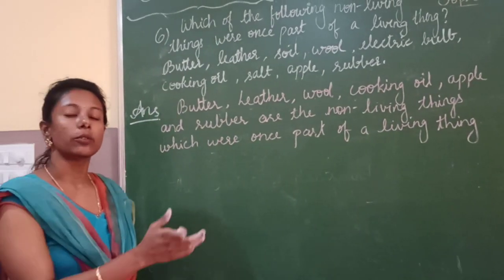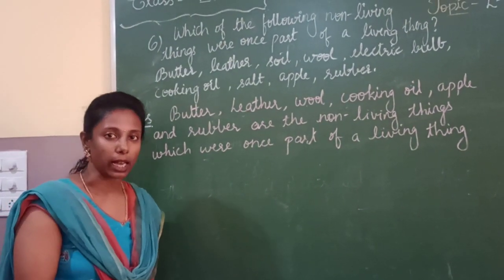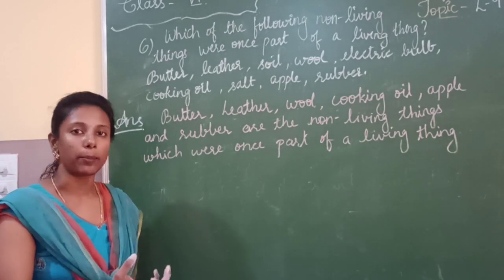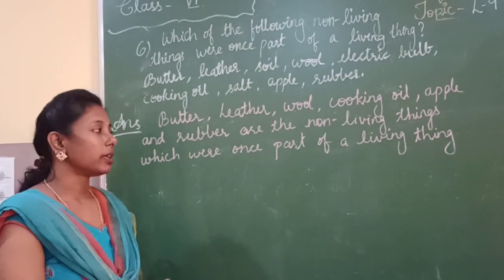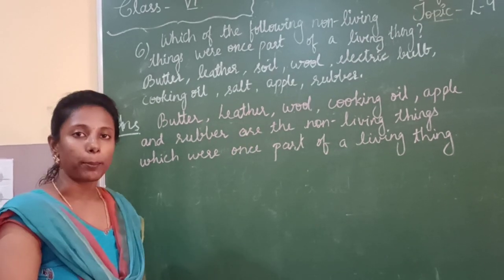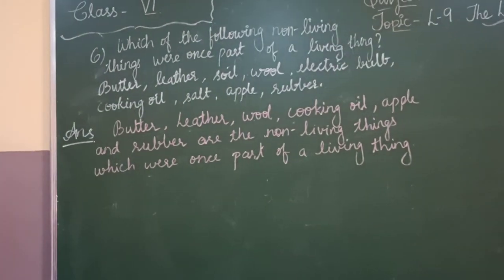Apple also, when it was on the tree, was a living thing. It was growing, ripening and taking nourishment. After plucking, it becomes a non-living thing. Write down the answer.